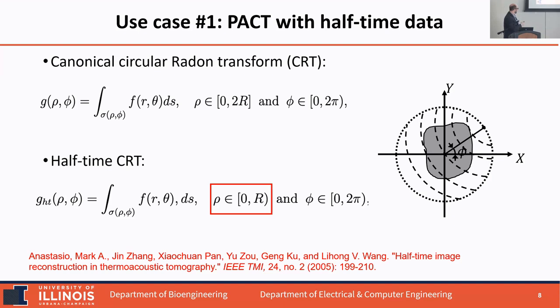Okay? Half-time data are obtained when we only measure the arcs that go to the center of the object. So again, here's our circular radon transform, where we measure all of the circular arcs for our radius or our time between 0 and 2R. Capital R is the radius of our scanning system. In the half-time data, we only measure half of them. So we're only measuring half of the arcs here. For those of you who are familiar with the radon transform in CT, just consider the 2D radon transform.